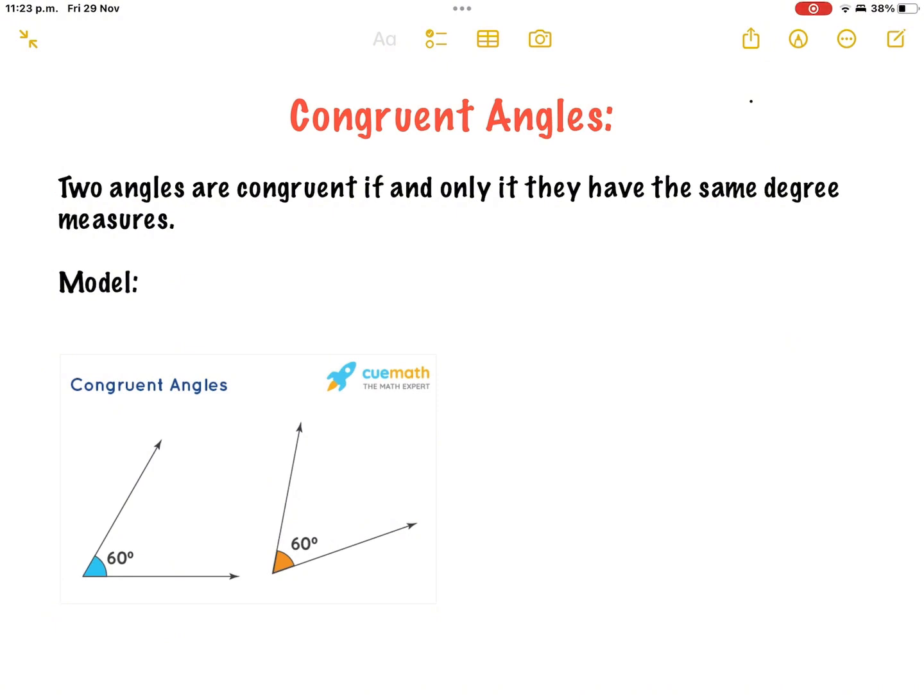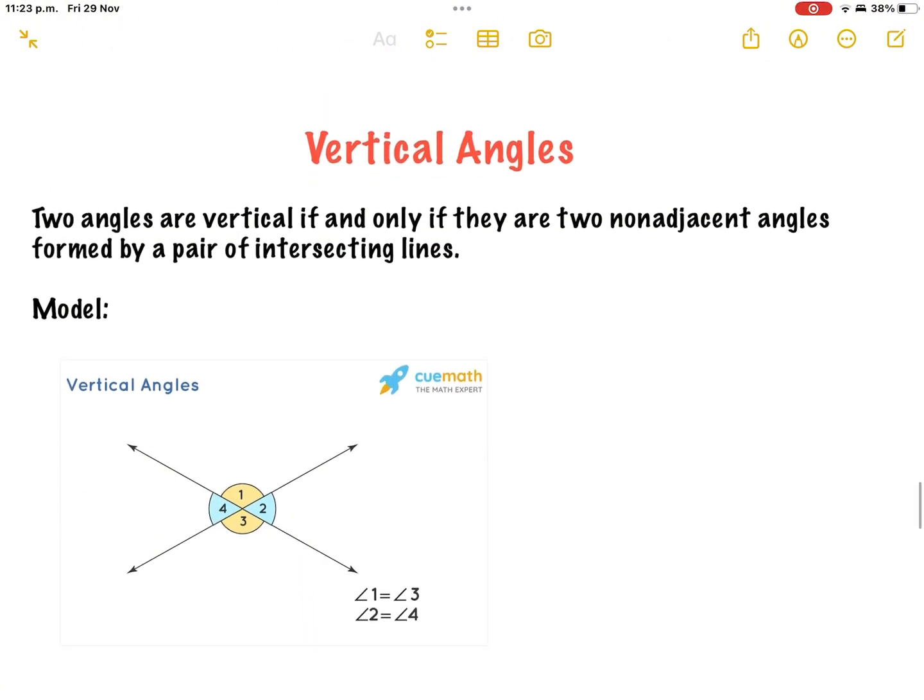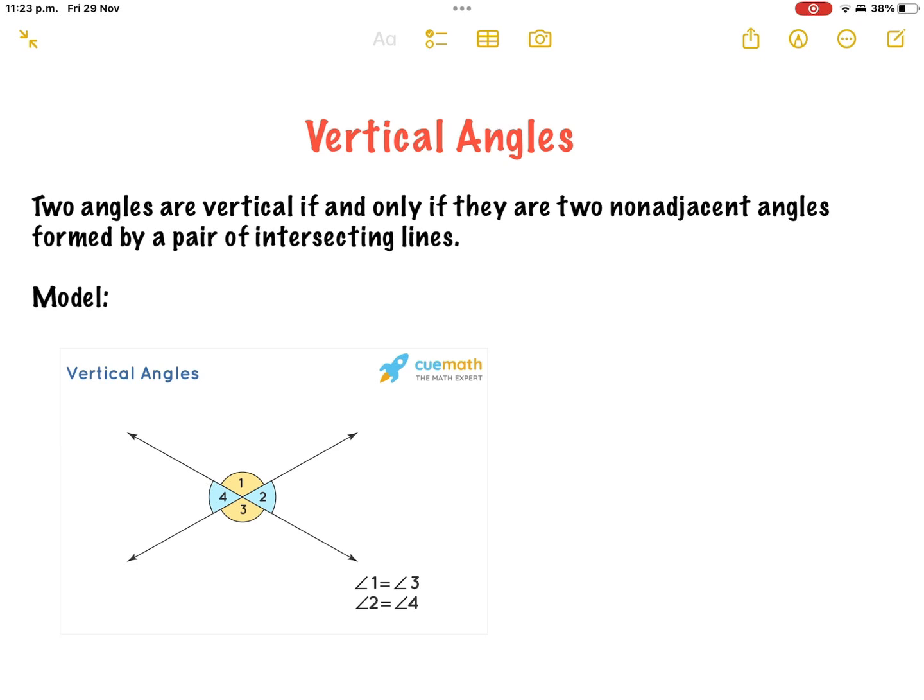There are other angles that are the vertical angles. The vertical angles are two angles that are vertical if and only if they are two non-adjacent angles formed by a pair of intersecting lines.